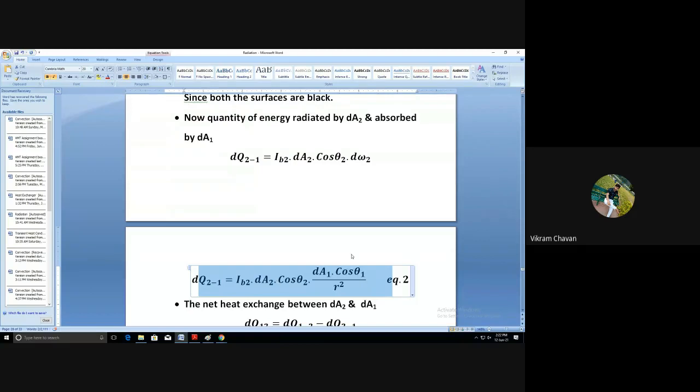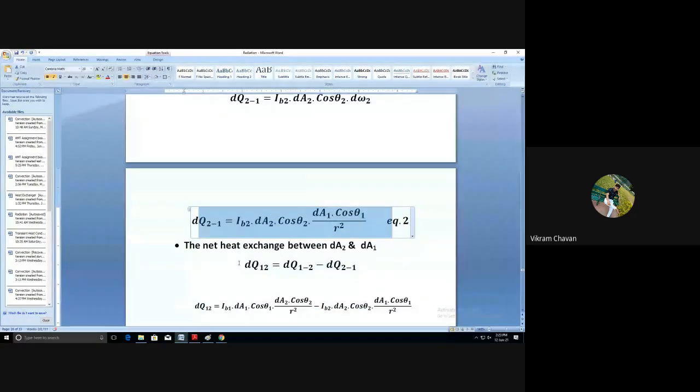Now we have considered that body 1 is emitting radiation and that emitted radiation is striking body 2, and also body 2 is emitting radiation and that emitted radiation is striking body 1. But how much is the net exchange of heat in this particular process? We will find it from the difference of the two.